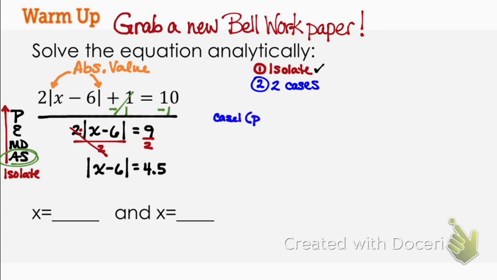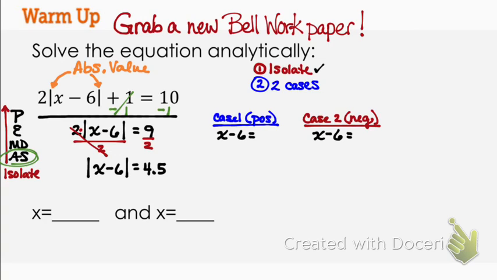So I'm going to let case 1 be my positive case. It does not matter which is which. I'm going to let case 2 be the negative case. When you split it into 2 cases, the part inside the absolute value, that x minus 6, stays exactly the same in both cases.